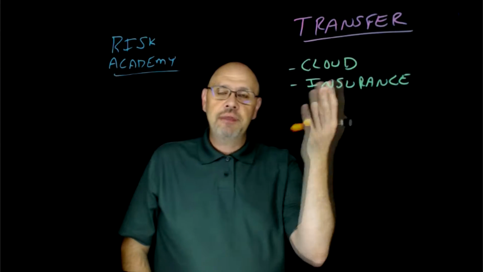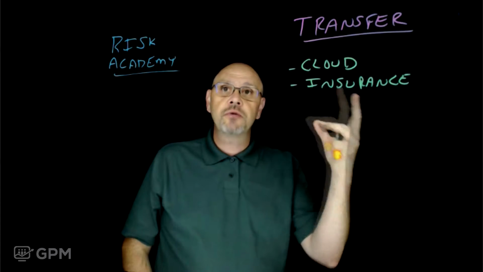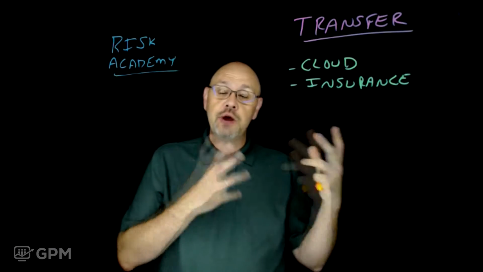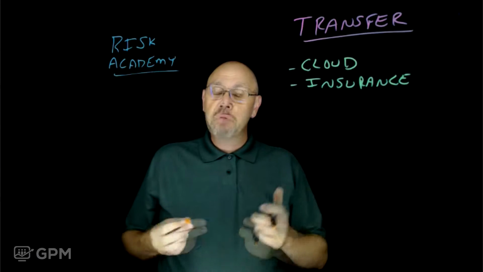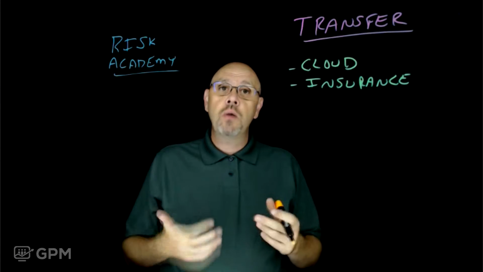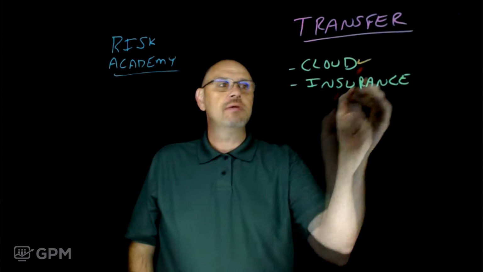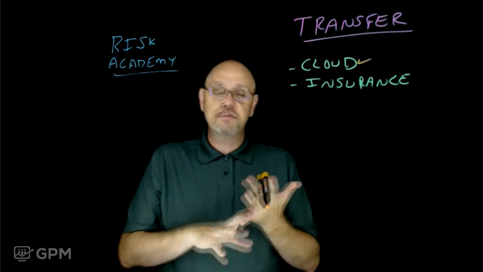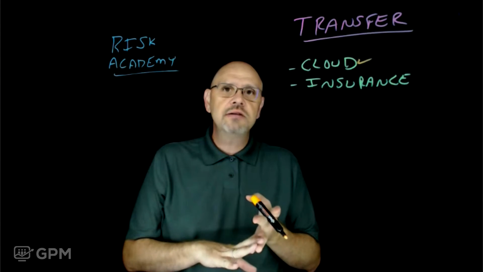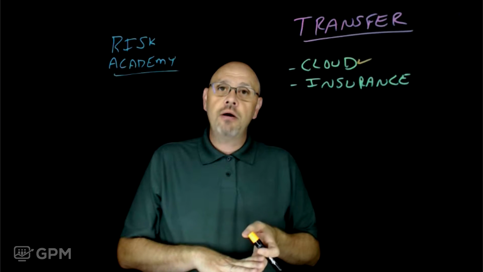All right, let's talk about the first of those options. Transfer your risk. What do we mean when you transfer it? Most folks in here are using this in one way or another. Think of cloud, your email system, Office 365, if you're using Gmail, if you're using a third-party service.